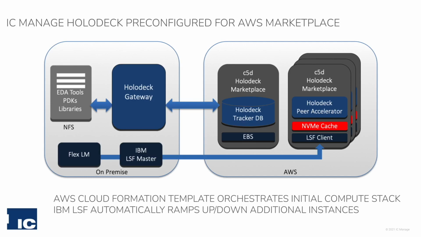It does not run any user jobs or applications. The Peer Accelerator is a software component that runs on each compute node and caches any data requested by that node and stores any data written as part of a job or an application running.